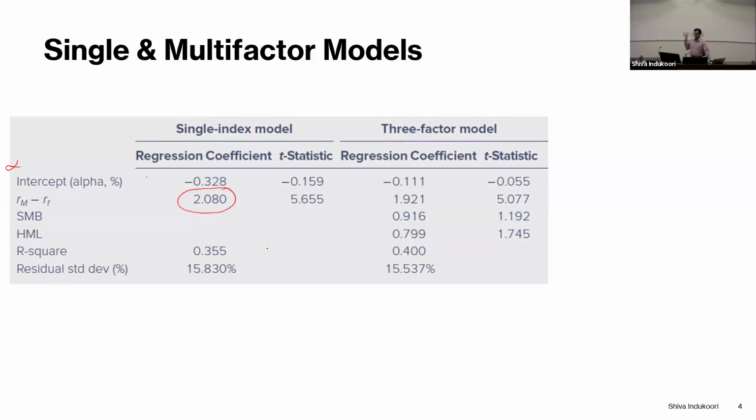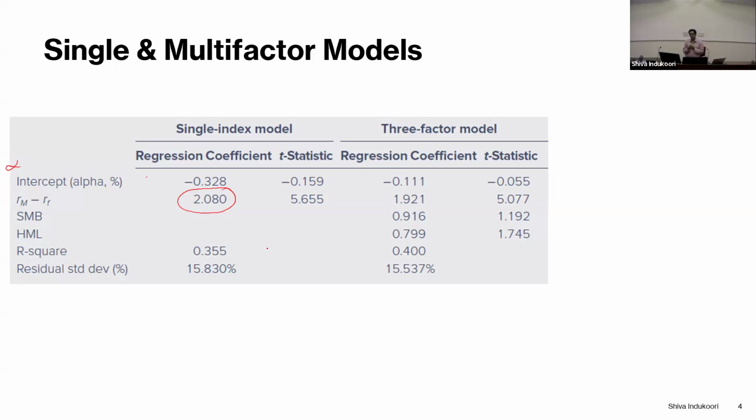Did you get it? If, for example, the market beta is 0.50, what does that mean? If market return goes up by 1, your return will go up by 0.5. Sometimes the coefficient could be negative.